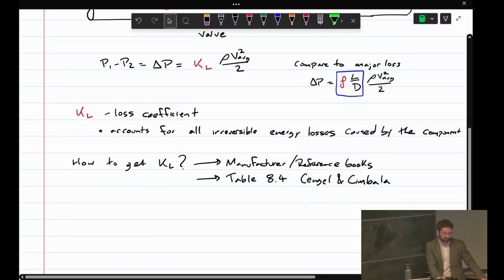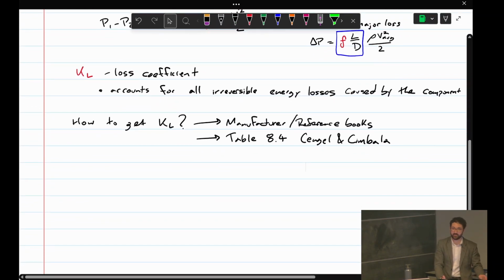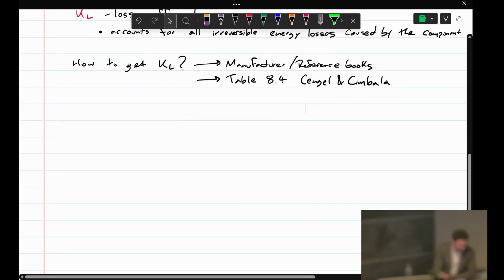Any other questions about loss coefficient? I'm going to do an example now, just so we see how to use this.